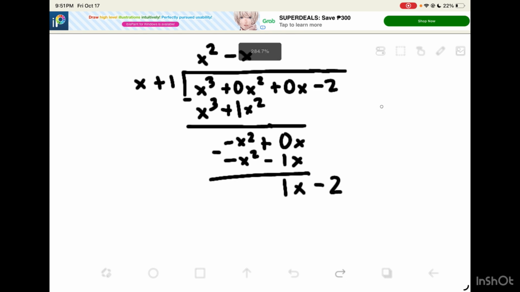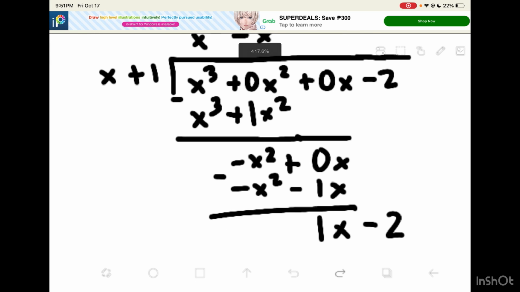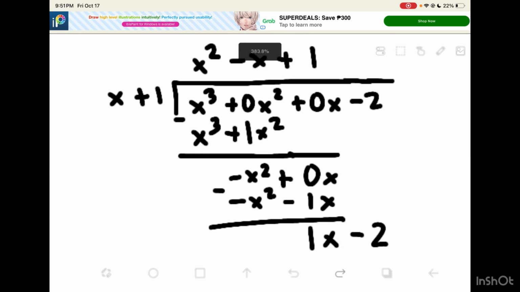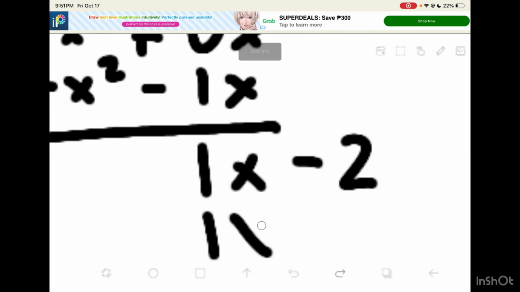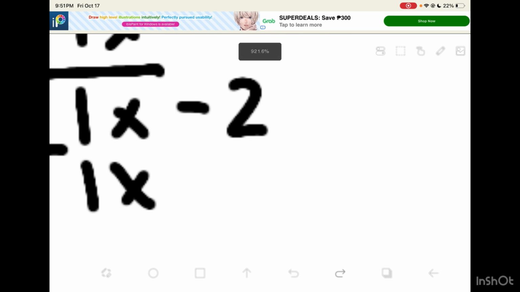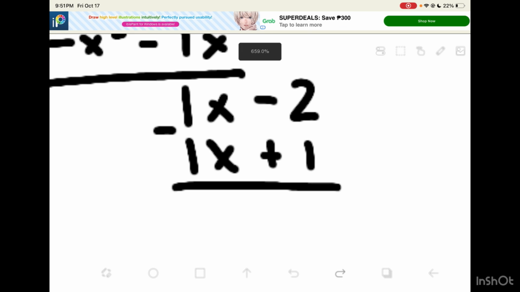We're almost there. 1x divided by x is 1. Then 1 times x, 1x. 1 times 1, 1. Finish subtracting.